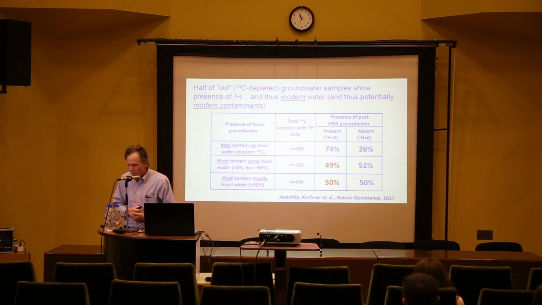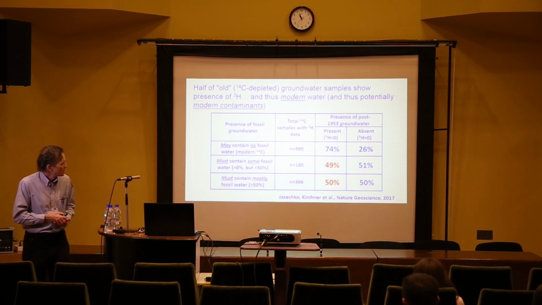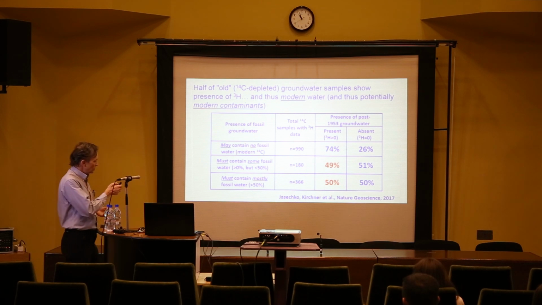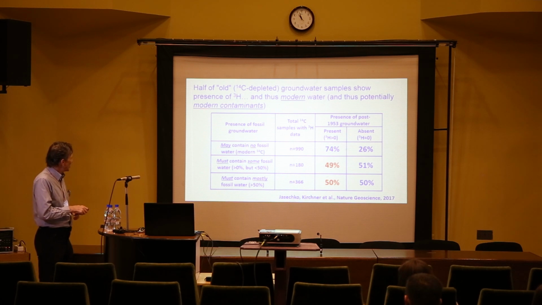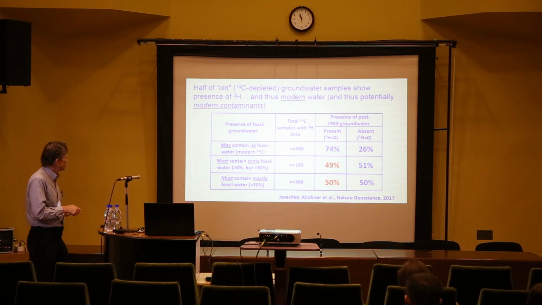Now there's one more paradox here. You can take all of the wells that have carbon-14 data, and you can group them in 3 different categories. You can say we have about 1,000 wells that might have all modern water from the perspective of carbon-14.